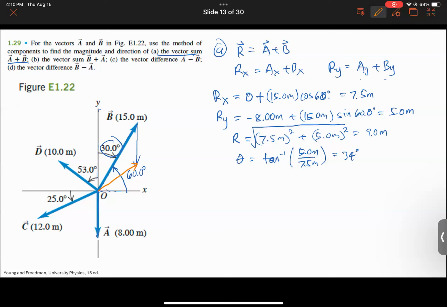Okay, now kung mapapansin nyo, yung resultant vector na yan ay nasa first quadrant. Okay, which is expected kasi yung component along the x-axis is positive at yung component along the y-axis is also positive. So yung angle na in-expect natin is between 0 and 90 degrees. And yung angle na na-compute natin is 34 degrees.